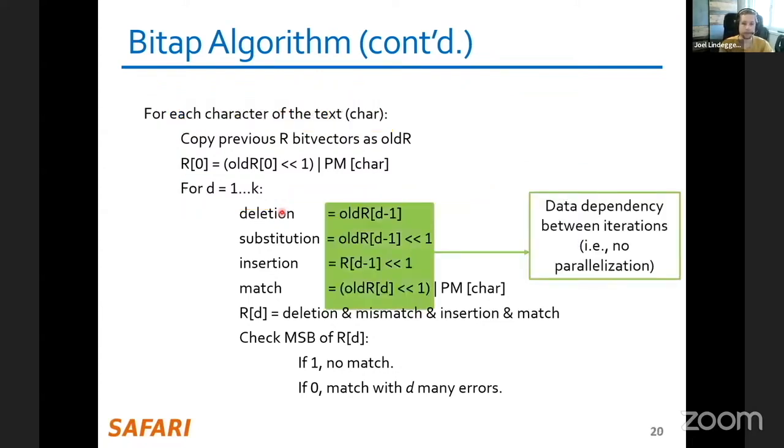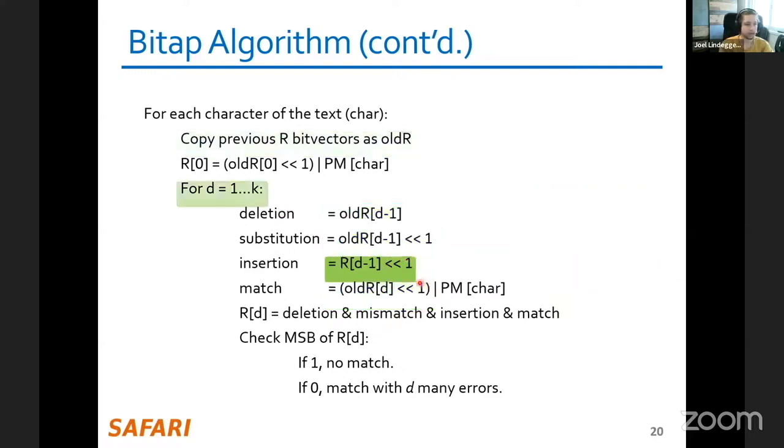And then there are data dependencies going on. In the inner loop we have data dependencies on the previous outer loop iteration. So this old R that's referenced is the R from the previous iteration. So we cannot parallelize multiple of these iterations essentially.